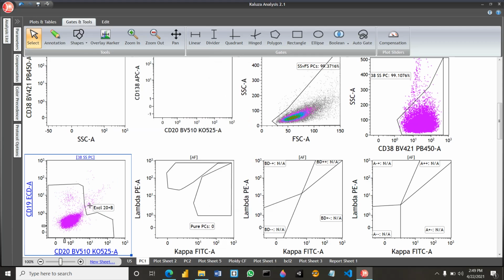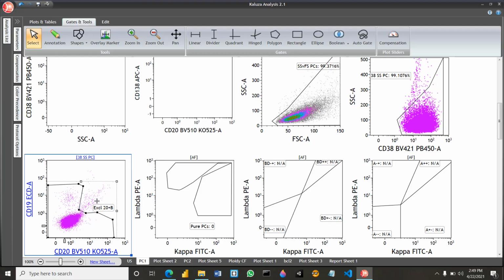It looks like there are a few cells which are both 19 and 20 positive. Possibly they are not true plasma cells, because if plasma cells show aberrant expression of 20, they never express 19. So you can comfortably exclude this population in which both 19 and 20 are positive.